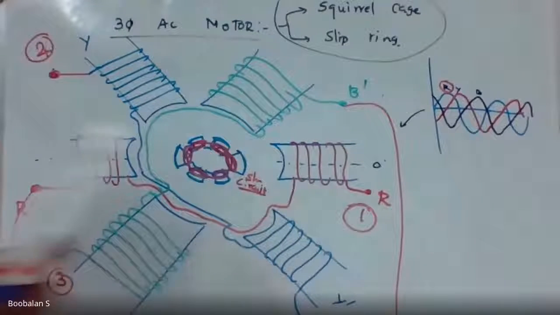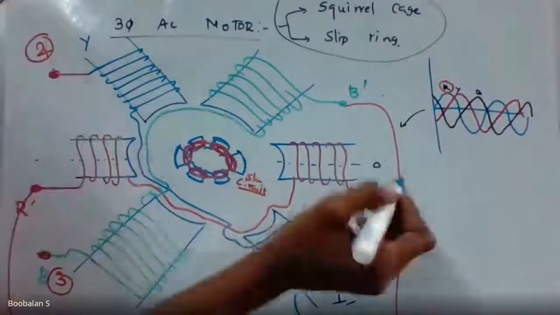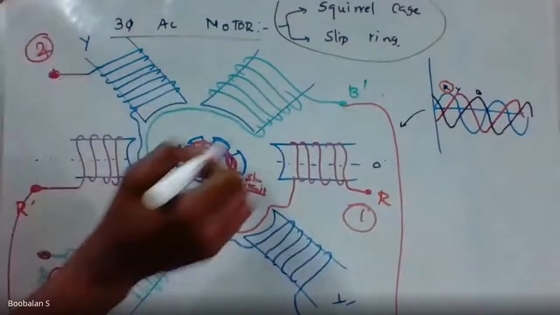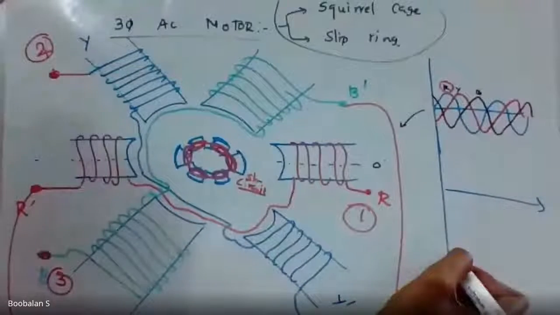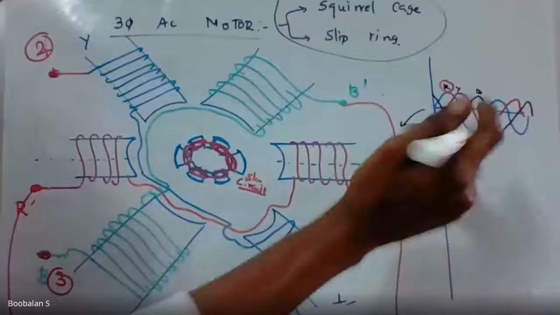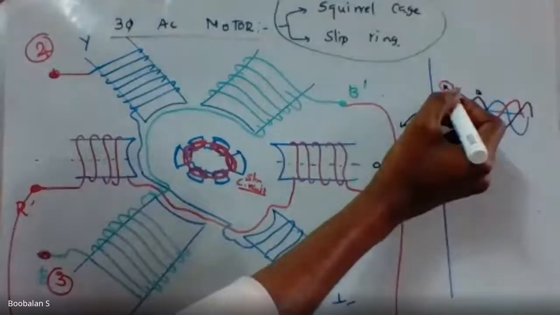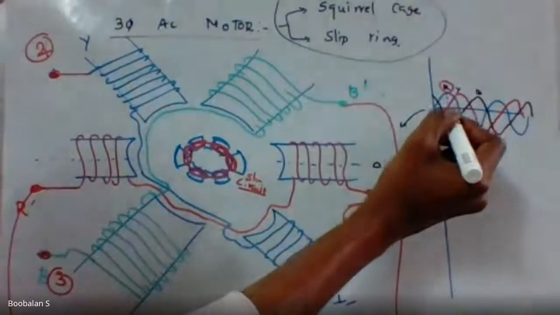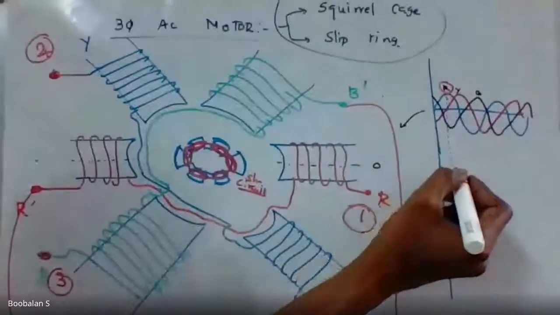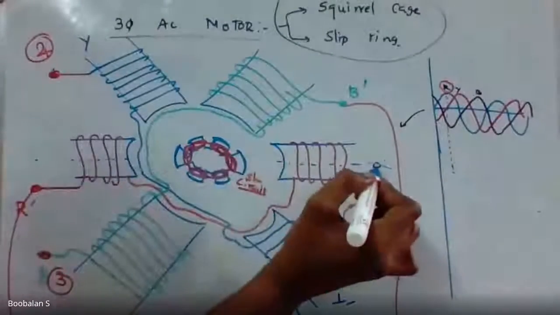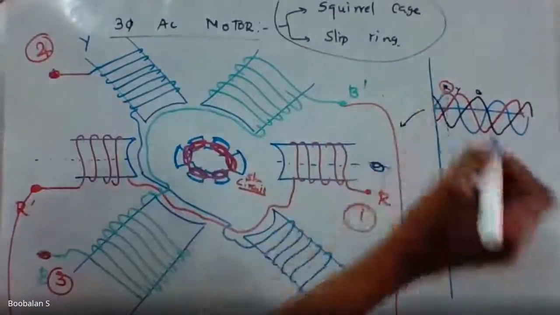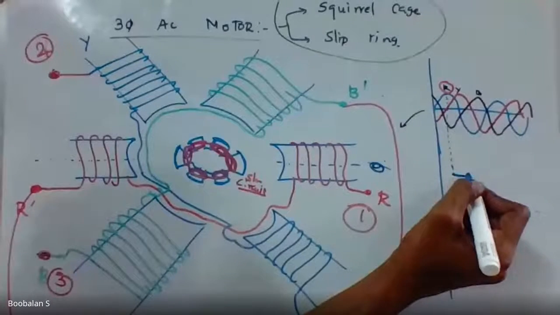Let's see. I am giving a power supply to R, Y, B. This is quite interesting. In the time period, R is now maximum, that is, R is at 0 degrees. Let us look at the resultant fluxes.